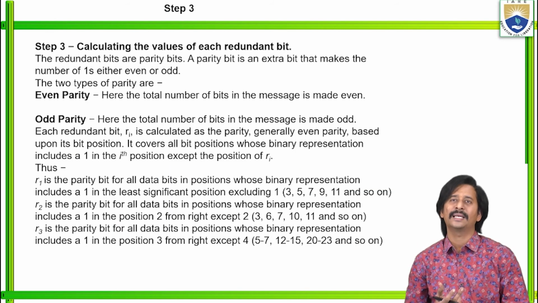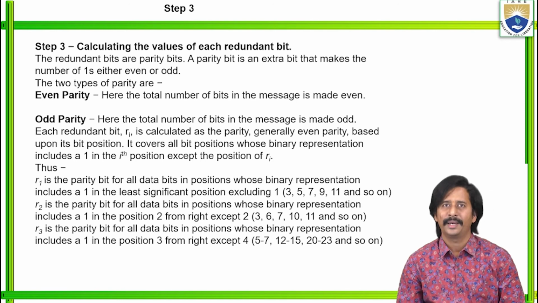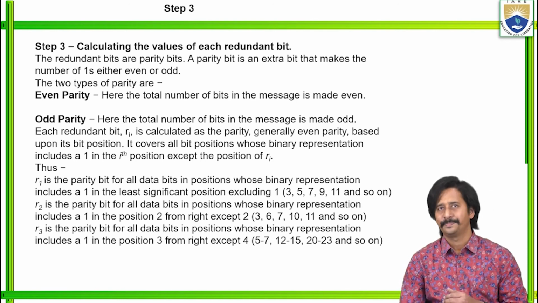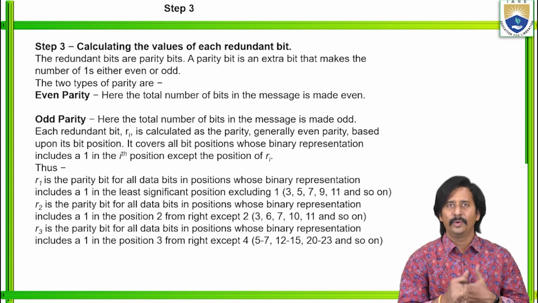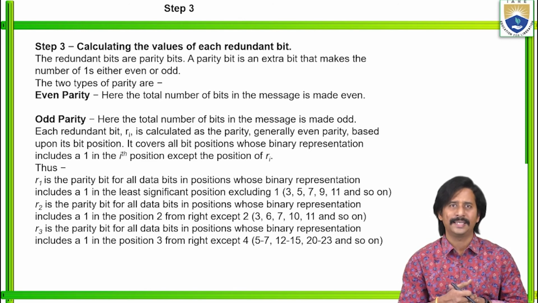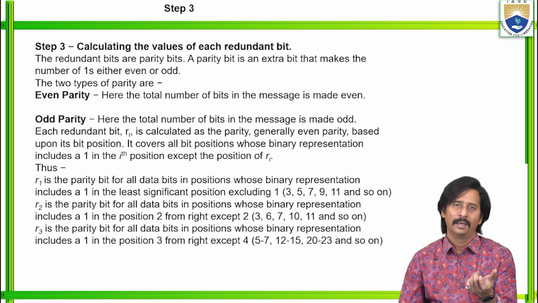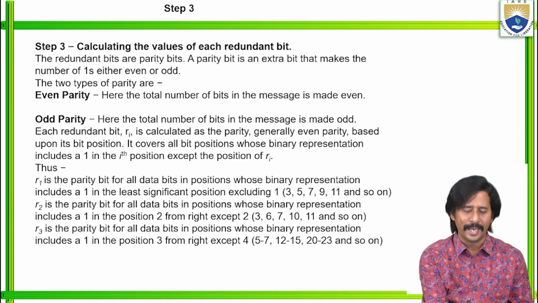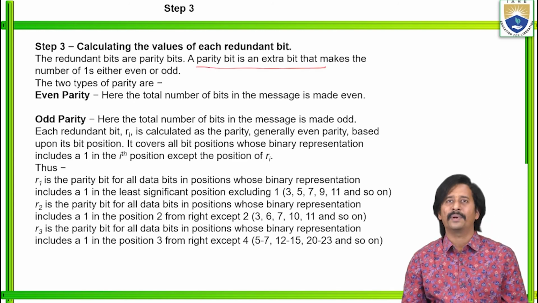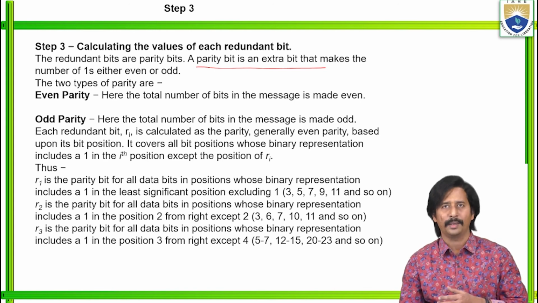Now step 3 is calculating the values of each and every redundant bit. Now here we have 2 types of parity bits. We know the redundant bits are parity bits. Is it right? Redundant bits are parity bits. So what happens by our basic concept? A parity bit is an extra bit that makes the number of ones either even or odd.